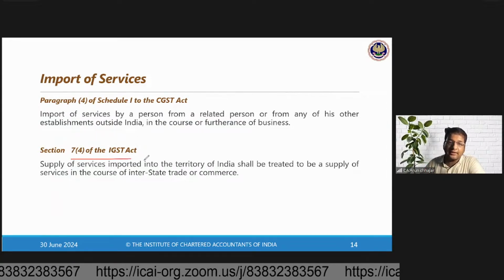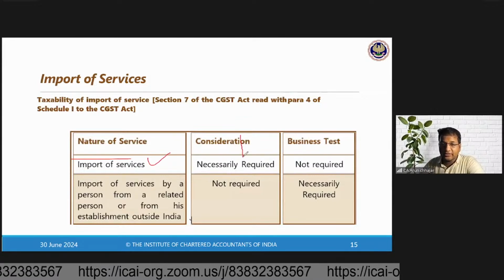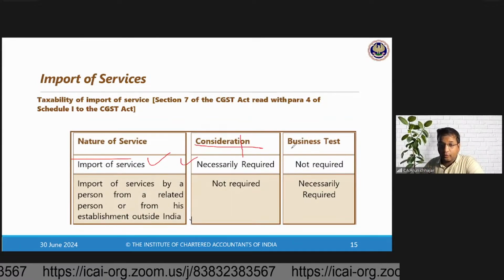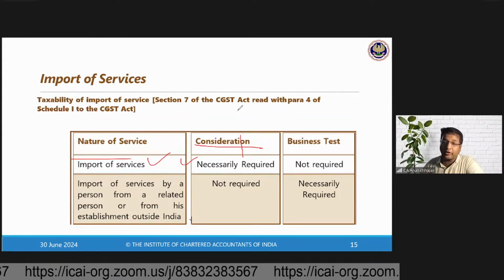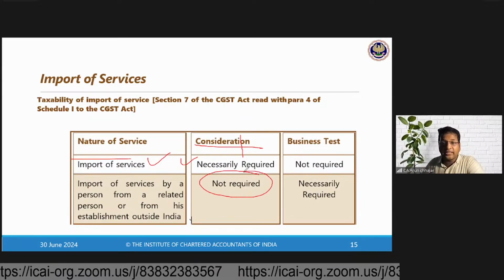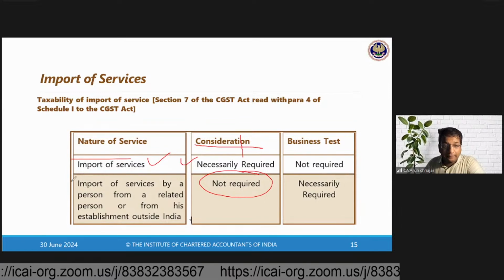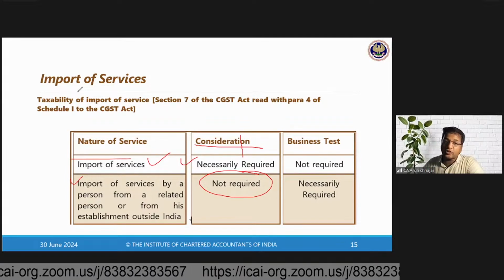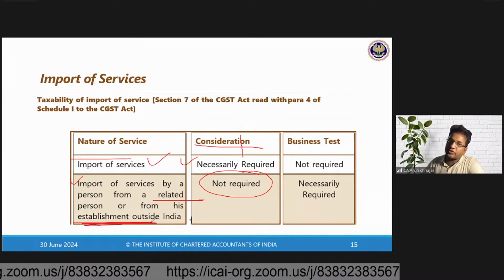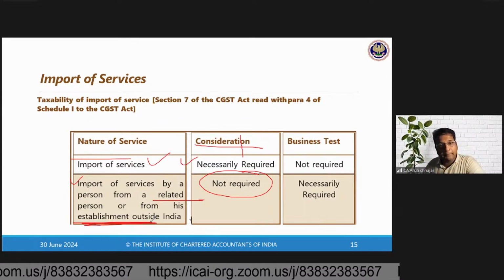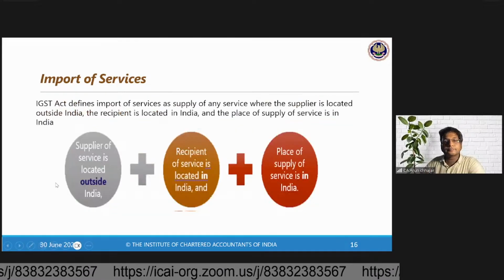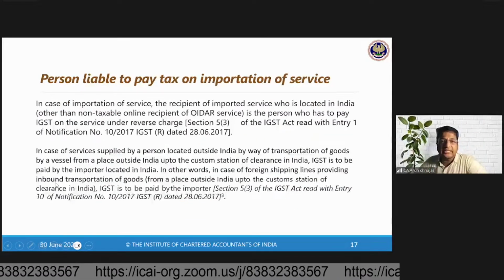The crux is the import of service conditions. What is the condition? Consideration is necessarily required, business test is not required, because it is always a supply. But when the consideration is not there, then it is a supply provided the supplier is a related party or any of its other establishments outside India as per Schedule 1, Para 4. So these are the three conditions.